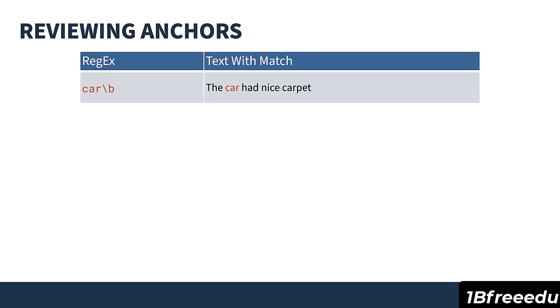Literal CAR \b matches car but not carpet, because car ends on a word boundary. You can invert that behavior with \B. Now CAR \B matches carpet because it doesn't end on a word boundary, and it no longer matches car, which does.